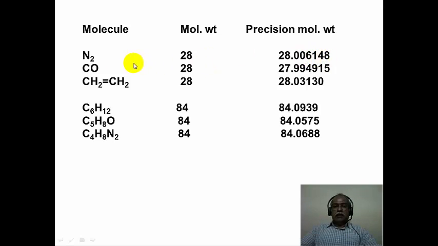So if the mass spectrometer is capable of, for example, detecting the mass as 28.00166148, it would essentially correspond to only a nitrogen molecule. It will not correspond to either carbon monoxide or ethylene, in spite of the fact that the molecular weights of the compounds are essentially the same. This is again illustrated for another fairly medium-sized molecule, for example, with a molecular weight of 84, and the fractional weights are entirely different depending upon the molecular composition of the compound.